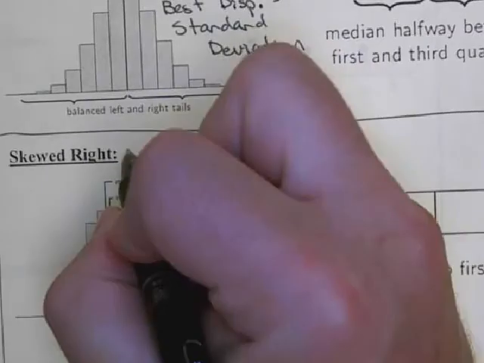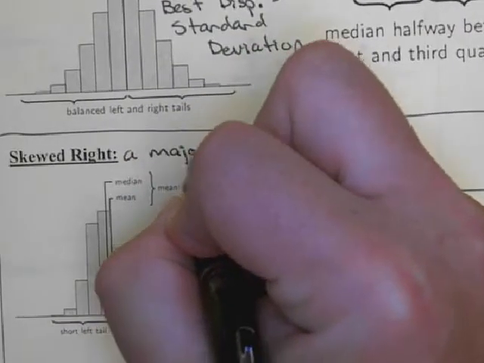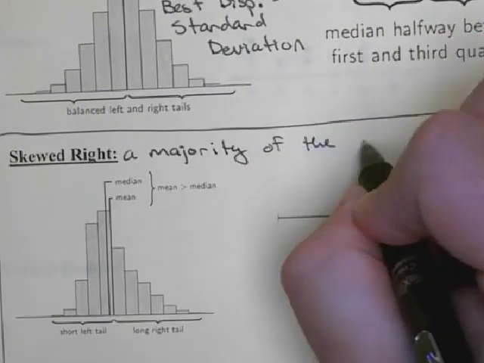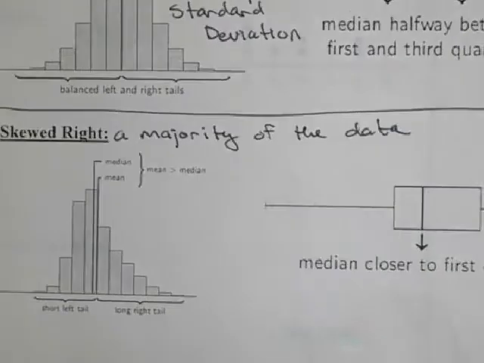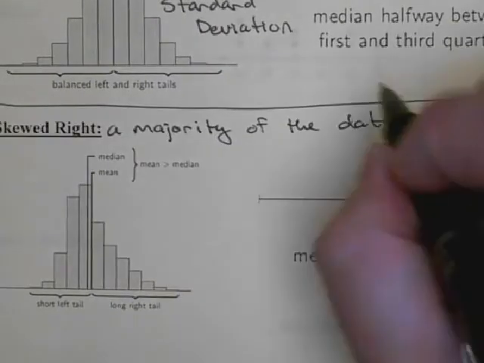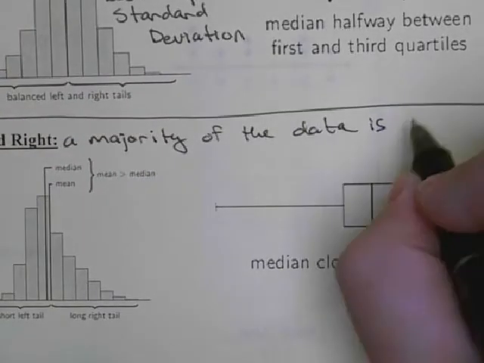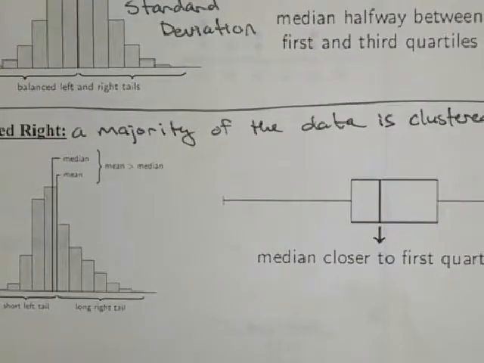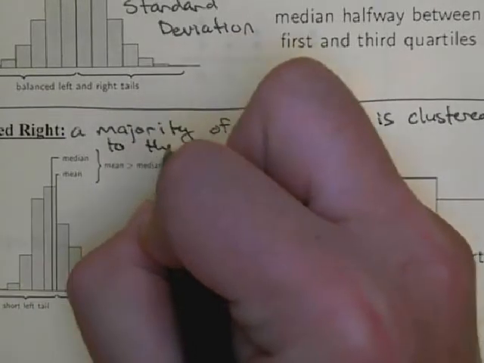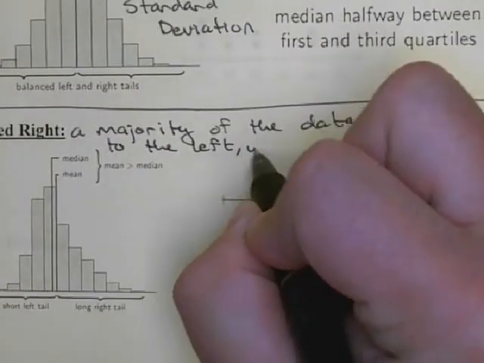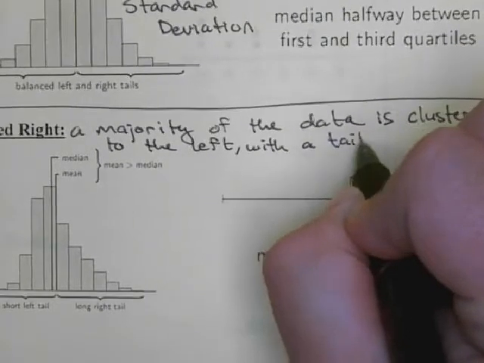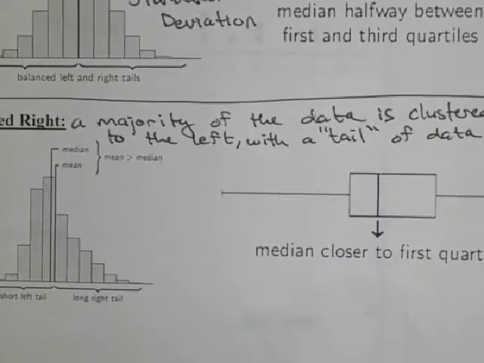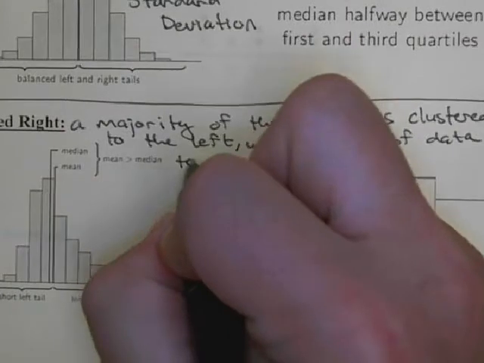A majority of the data is clustered to the left with a tail of data to the right.